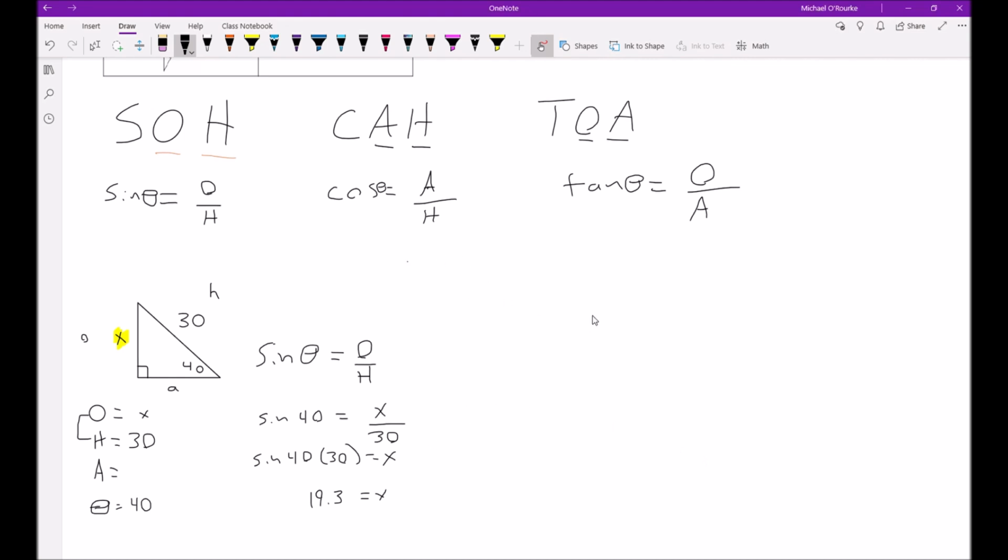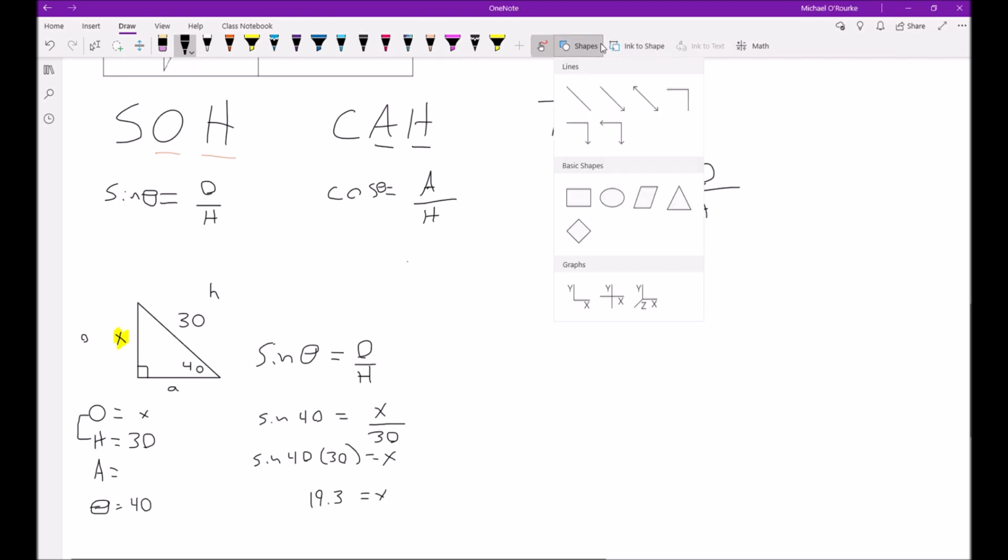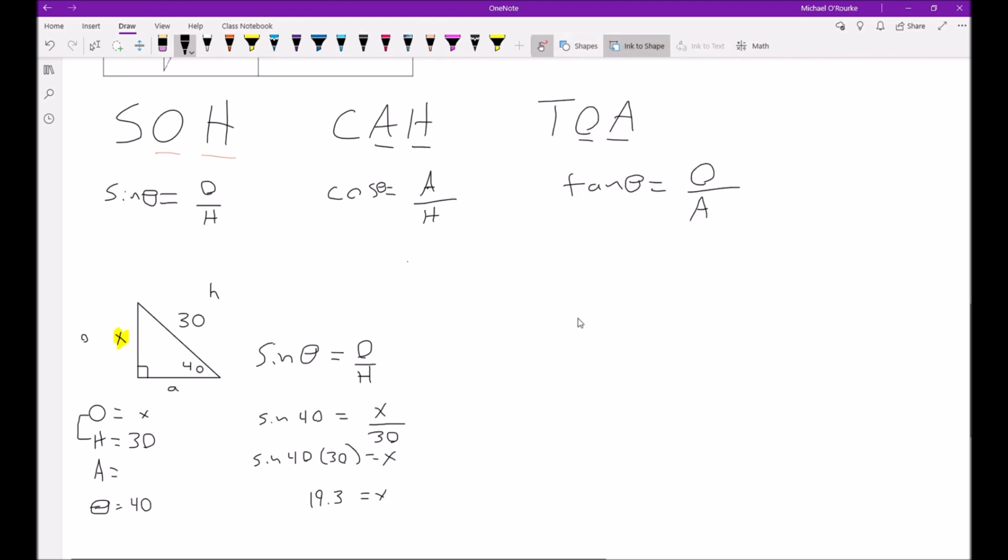So let's try another one. Let's say that's a 90 for argument's sake. Let's make this 20 degrees. That's 20 degrees, and this is X, and this is 10.